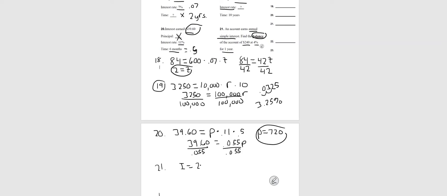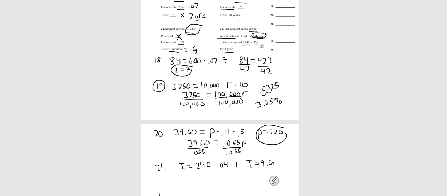We do know the principal is $240. We know the rate is 4%, so that's going to be 0.04. We know the time is 1 year. If you take 240 and multiply by 0.04 times 1, that gives you 9.6. So I equals 9.6, and that's the interest.